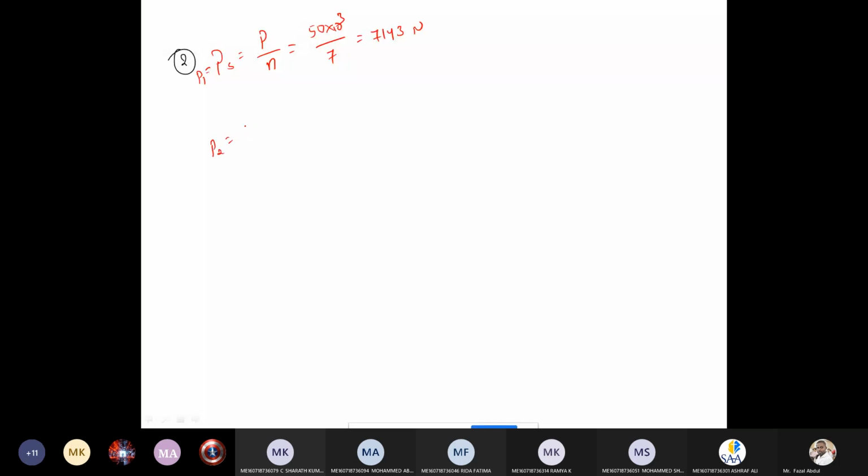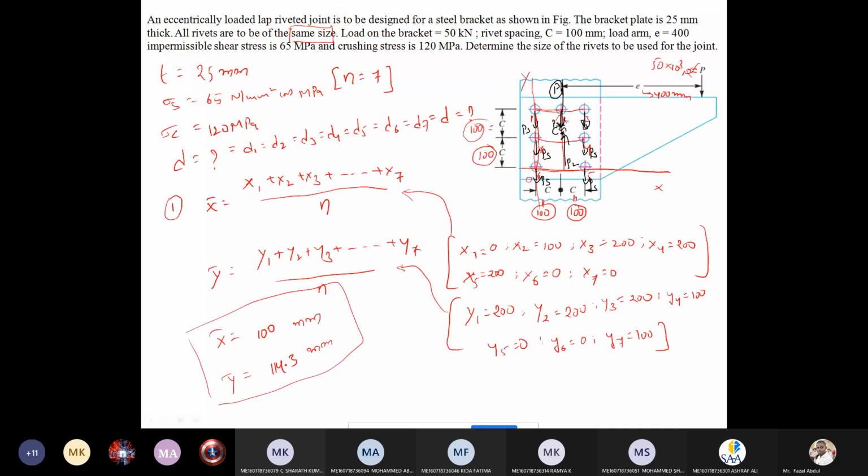This is responsible for the first load, and the second one is the secondary shear forces. The secondary shear forces are generated due to the application of this eccentric loading at a certain distance of 400 mm.